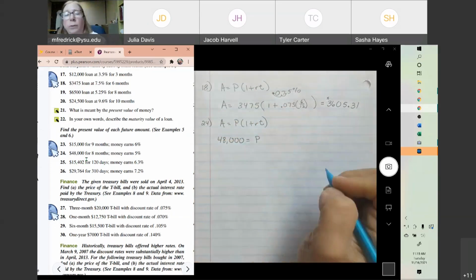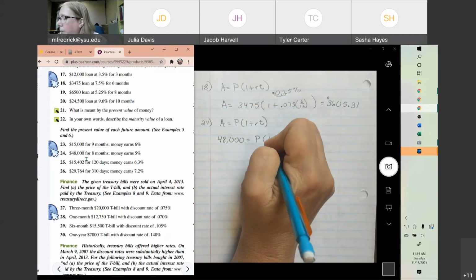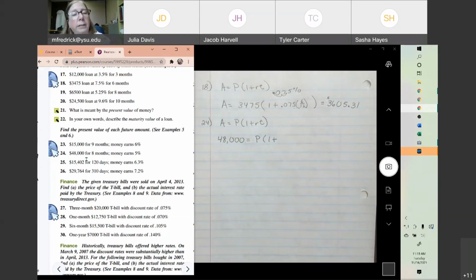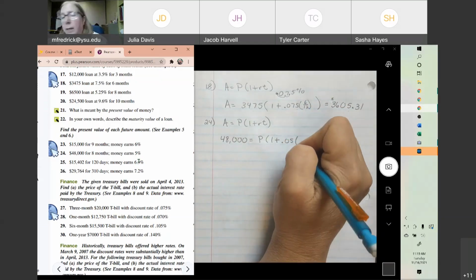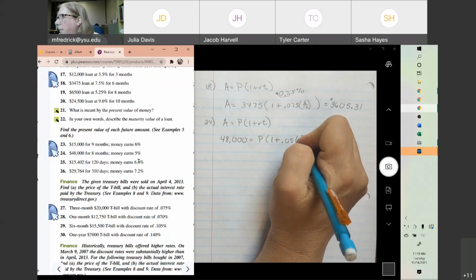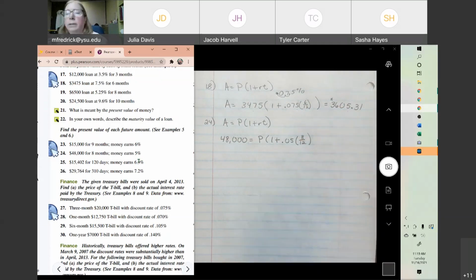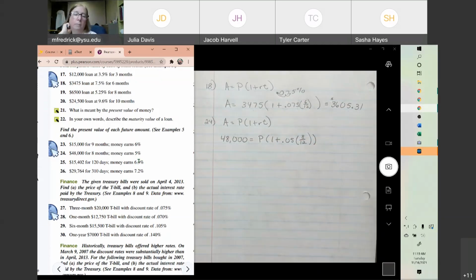And P is the value we're looking for. And 1 plus R written as a decimal, 5% would be 0.05 times T, which is 8/12 of a year. Any questions on that?